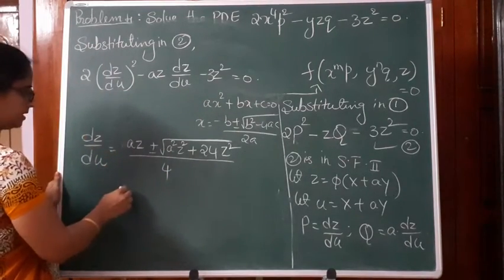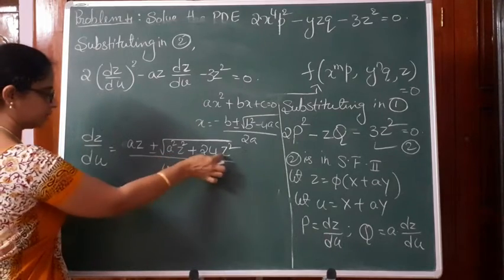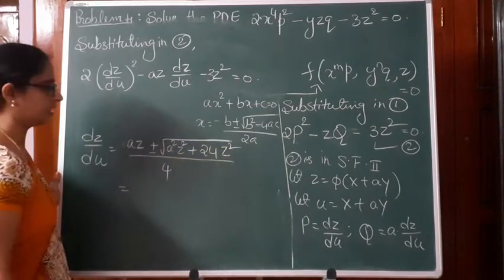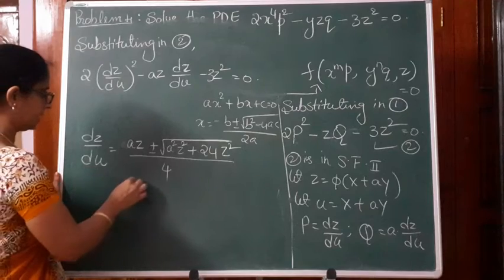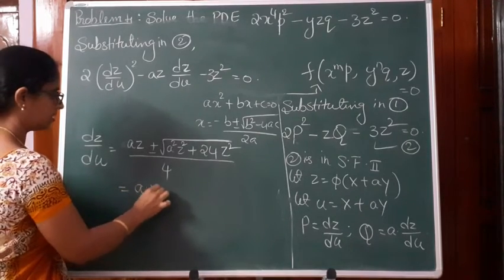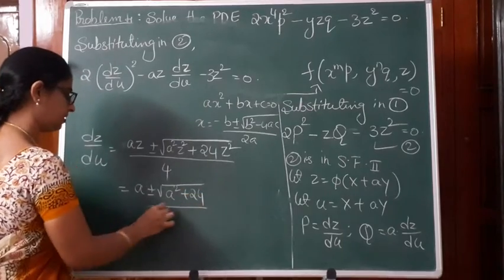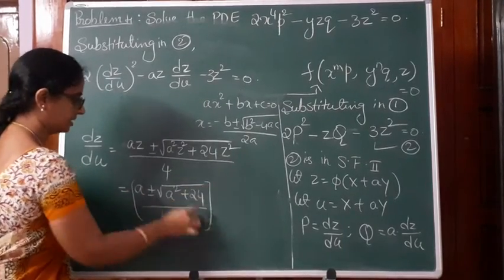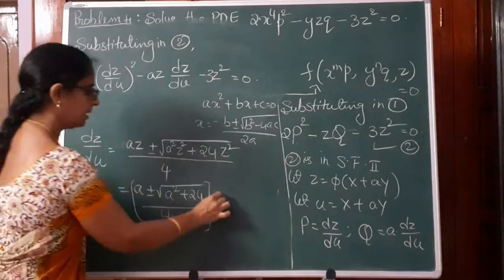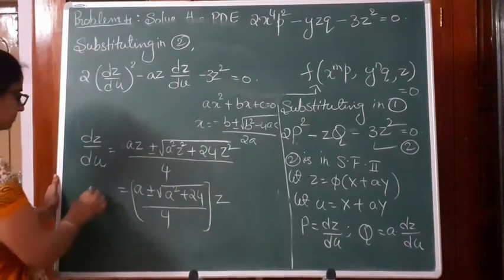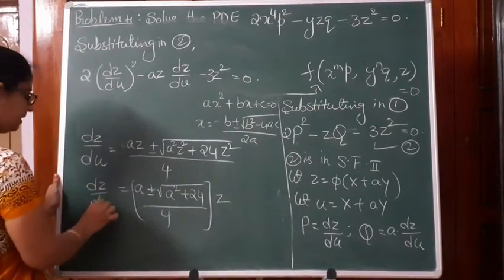So after simplification here we can take z square common, and square root of z square gives z. So z can be taken outside. We have a plus or minus square root of a square plus 24 by 4, which is completely a constant term. This is all constant term and z is taken out. So this is dz by du.